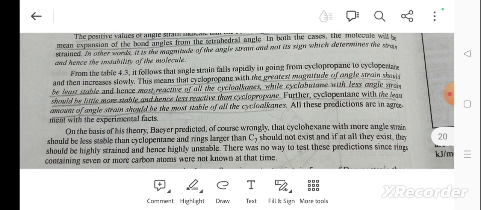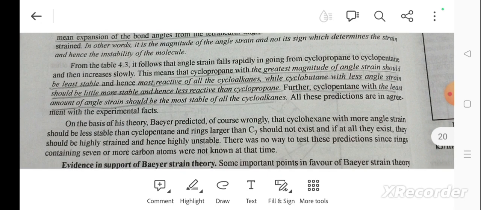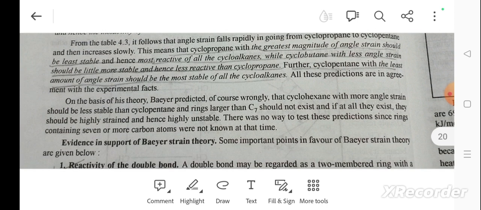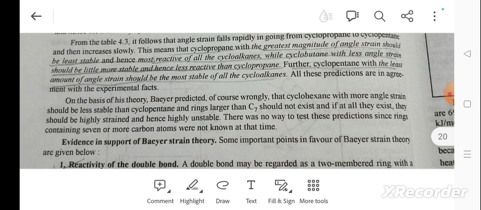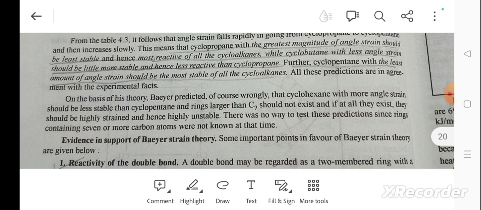From table 4.3, it follows that angle strain falls rapidly in going from cyclopropane to cyclopentane and then increases slowly. This means that cyclopropane, with the greater magnitude of angle strain, should be less stable and hence more reactive of all the cycloalkanes, while cyclobutane, with less angle strain, should be more stable and hence less reactive than cyclopropane.